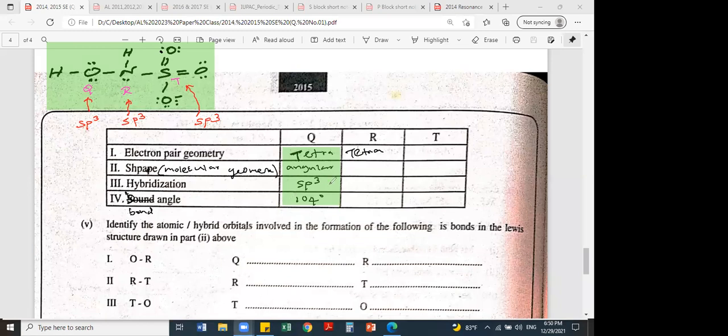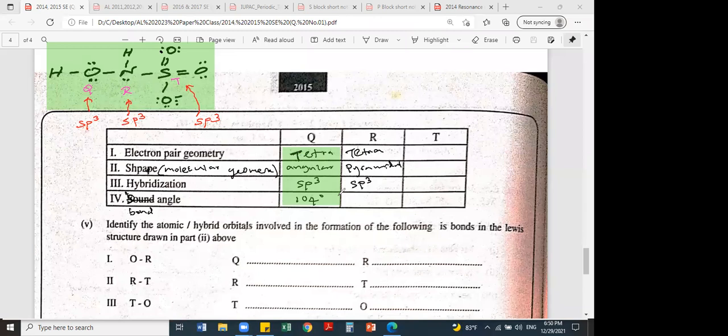And the second one. Ransiluni, can you quickly post the answer for R? You have put pyramidal, very good. Then the next one: what is the hybridization of R? Very good, sp3, I told you that earlier also.